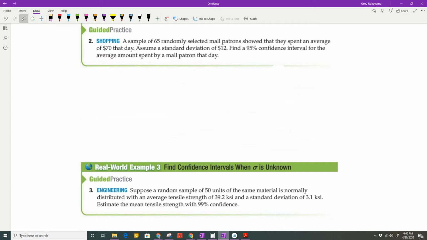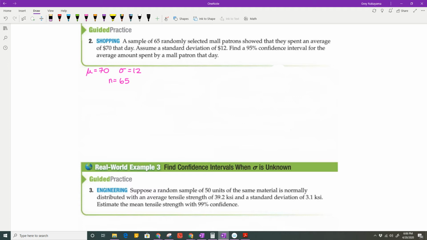A sample of 65 randomly selected mall patrons shows that they spend an average of $70 a day. Assume a standard deviation of $12. Find a 95% confidence interval for the amount spent by a mall patron that day. I'll start off with what they're giving you. You should write it all down so that you know what to put into ClassCalc.